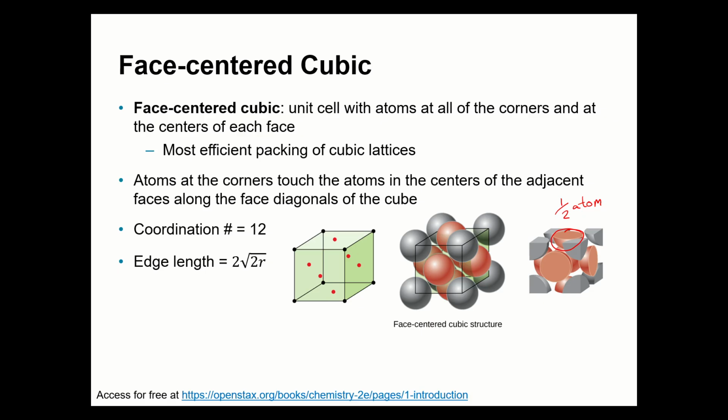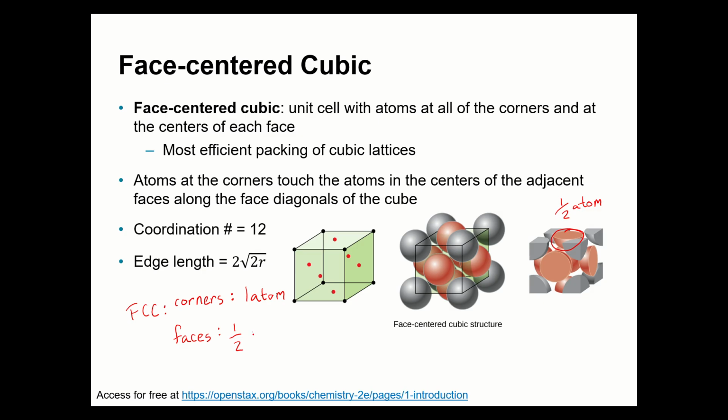And so if we want to calculate the total number of atoms in a face-centered cubic, we still have the 8 atoms in the 8 corners, right? So if we look at the corners, we've done this enough. The corners are going to be a total of 1 atom, right? It's going to be 1/8 times 8. And then we've got the faces. So if you count up all the faces of a cube, you should count that there's a total of 6 faces, and each one of those is going to be half an atom.